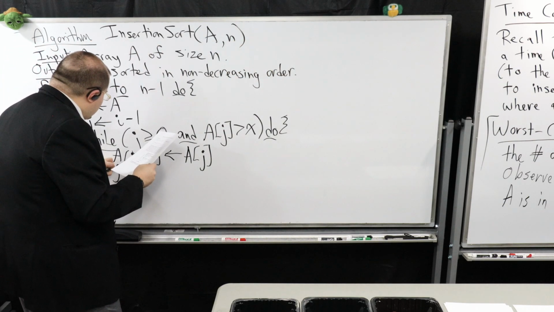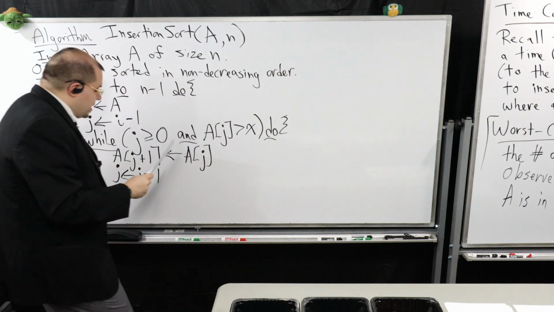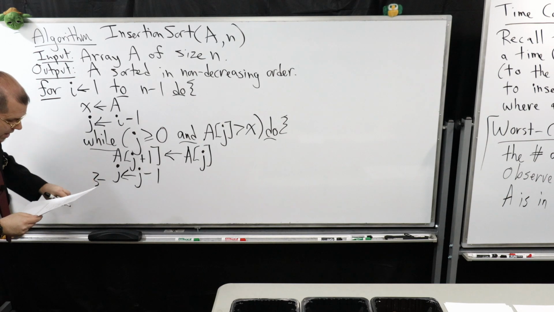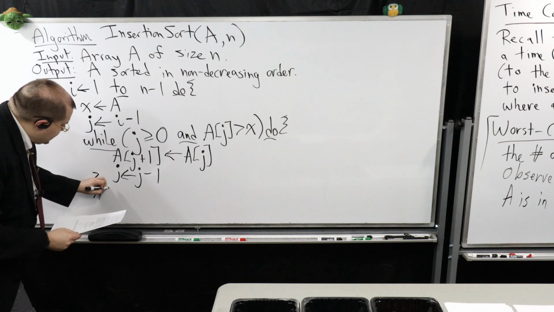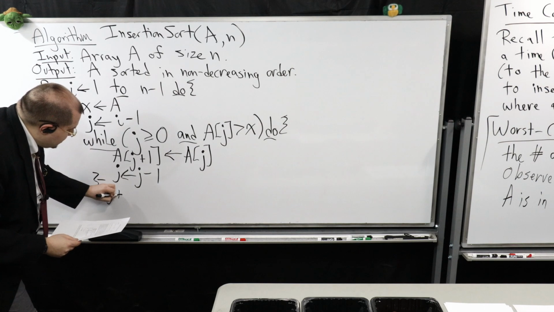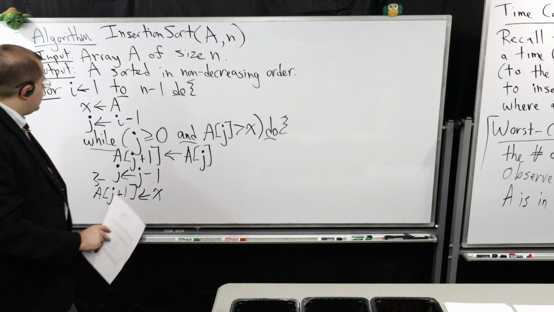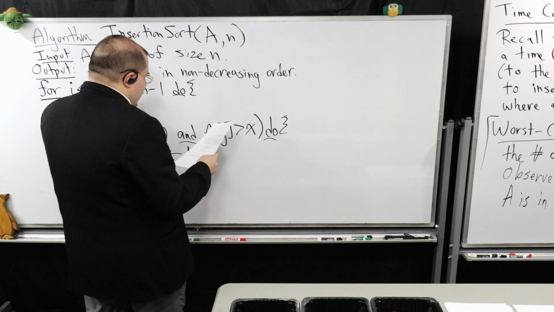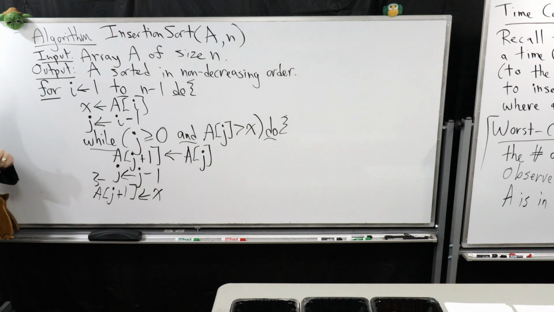And then I'm going to decrement j by 1, so j is assigned j minus 1. And then outside of this loop, I'm going to say that A sub j plus 1 is assigned x. Whoops, I need to write down x as A sub i up here. We're missing the A sub i here.